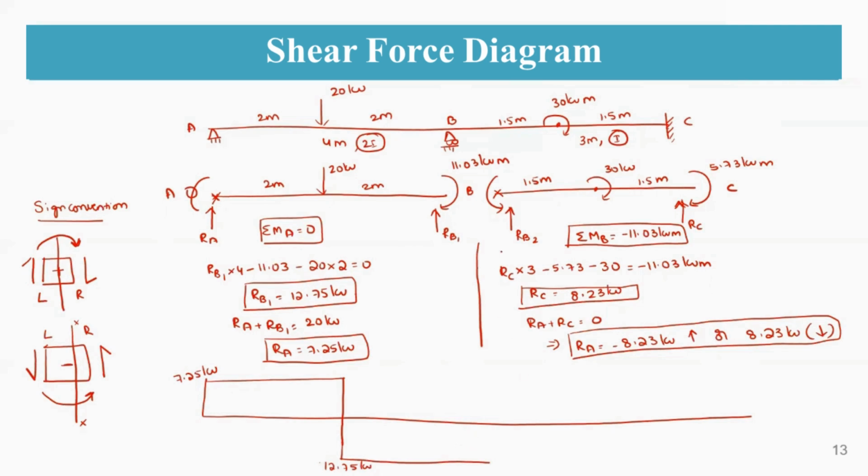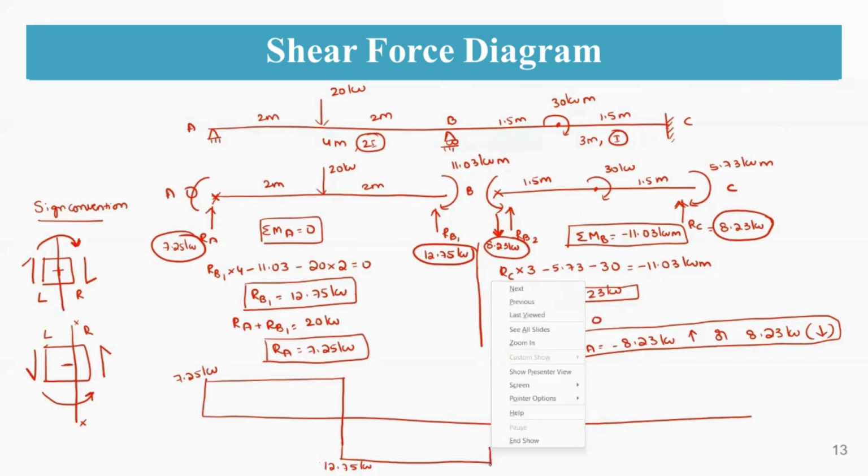Again at B point, you're having a downward reaction of 8.23 kilonewton, and this is an upward reaction of 8.23 kilonewton. Okay, so reactions I'm just rounding off. RB1 is 12.75 kilonewton and RA is 7.25 kilonewton, right? So now it is in anti-clockwise direction. So therefore it is of negative value only.